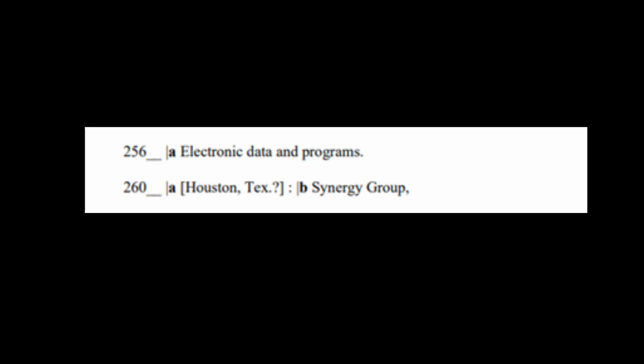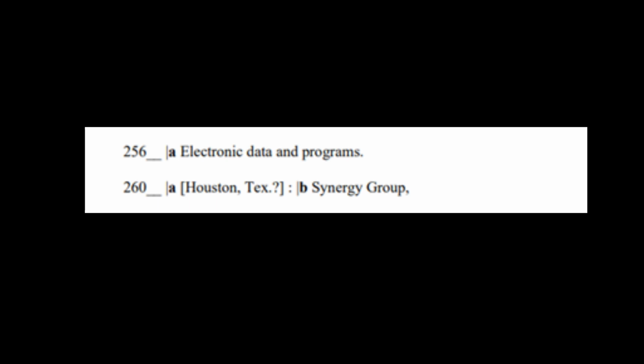So in tag 260, in subfield code A, that is place of publication, you can see that it is indicated in square brackets. And if you can see, we have there Houston, Texas. And after Texas, there is a question mark. And now you can see that Texas is abbreviated.